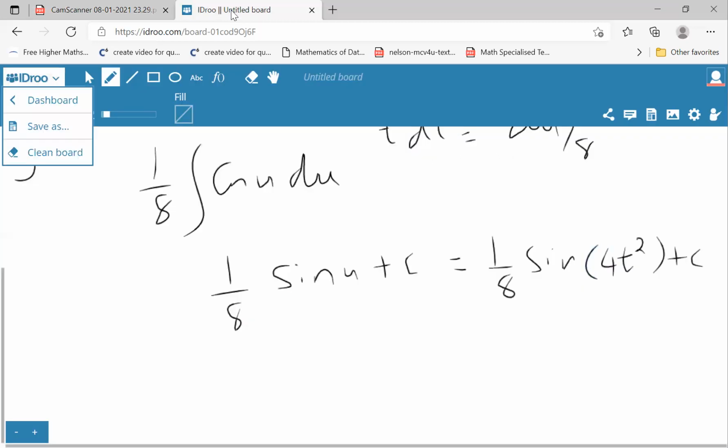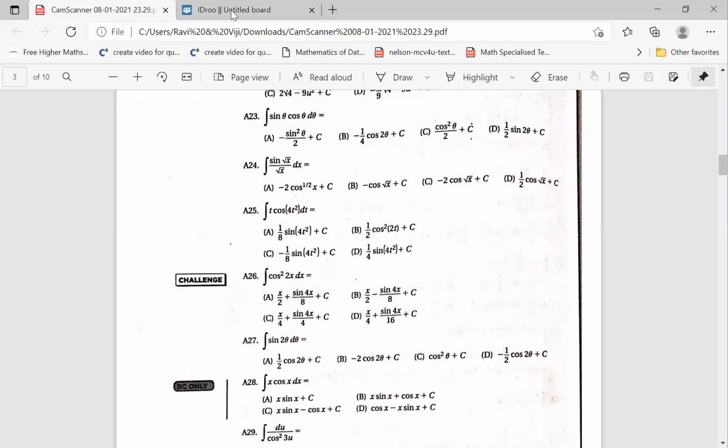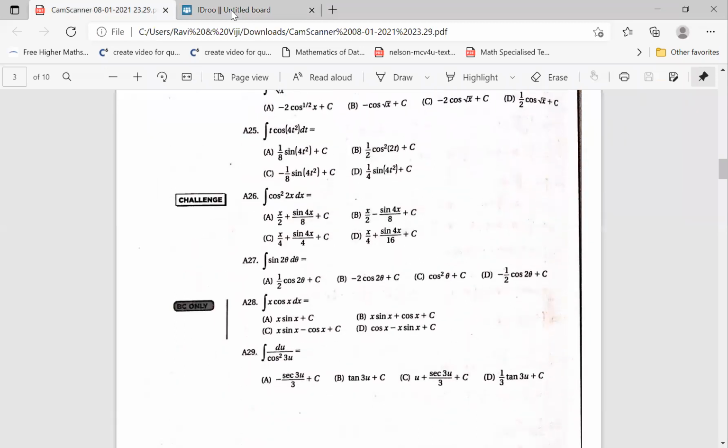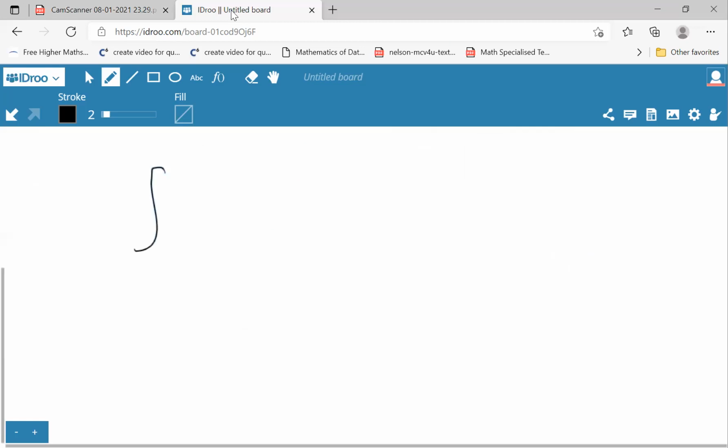All right. Now coming to the 26th one, integration of cos squared 2x dx. So remember, whenever you have cos squared, you'll have to write it using cos 2x.